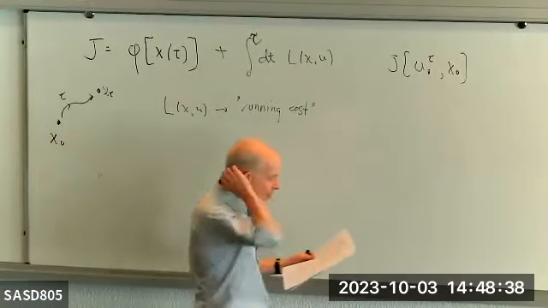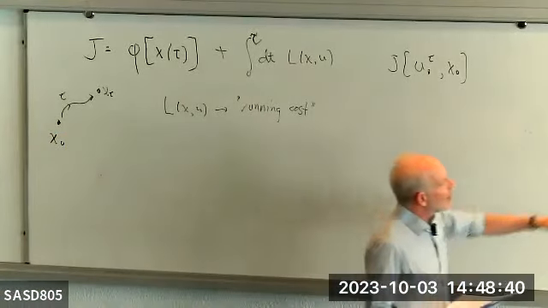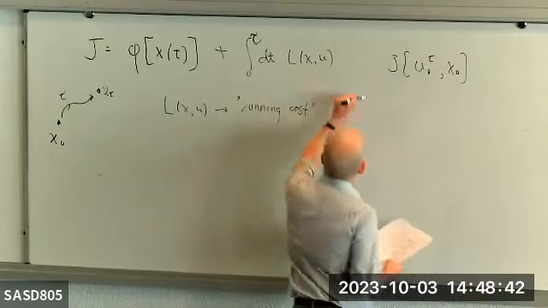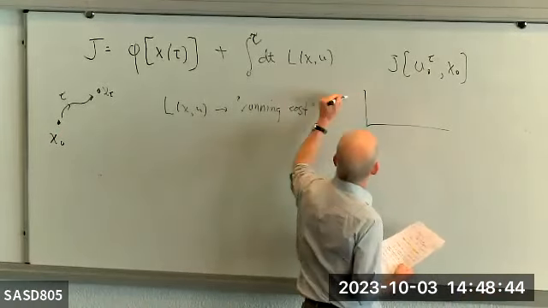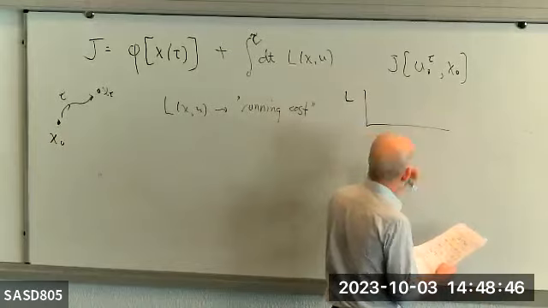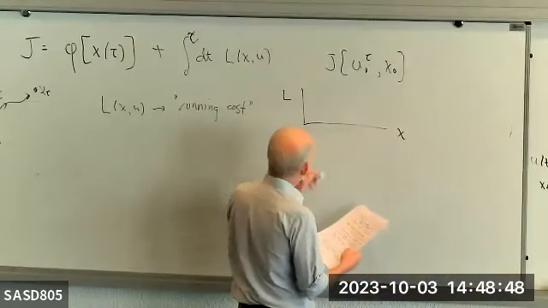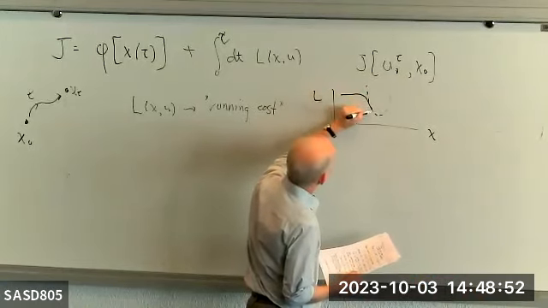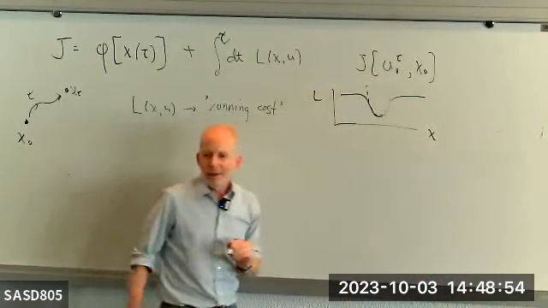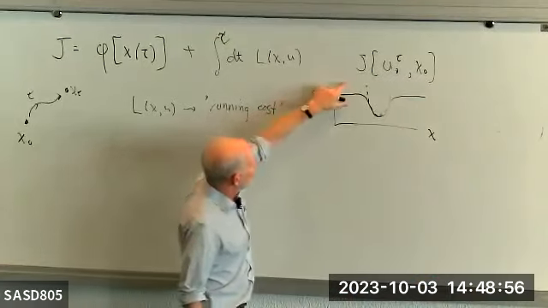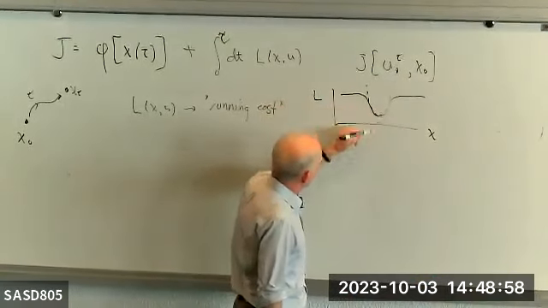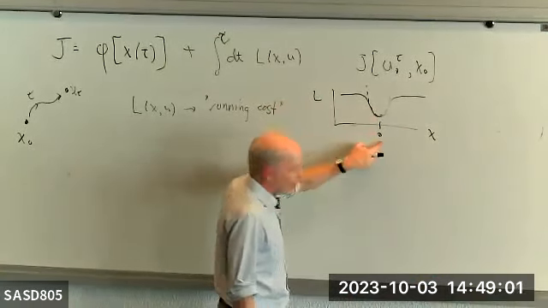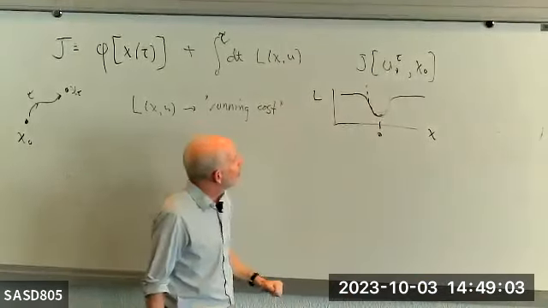So this running cost, we had it as a quadratic. More generally, it might not be a quadratic. So for example, if we look at this as a function of X, before we were looking at something like this, but in general, you might argue it should look something like this line here, which says that you want, let's say, X to be 0 as an example.